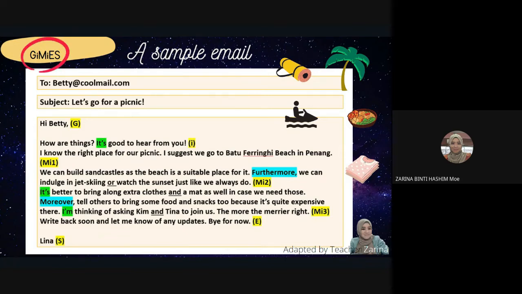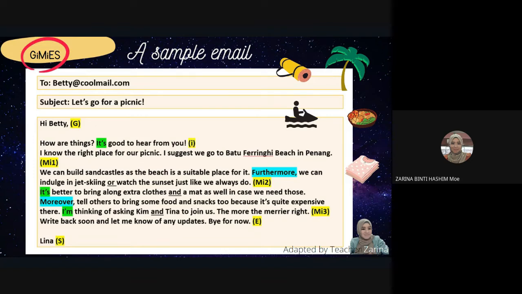When I say main idea 1, we are answering the first question, which is where shall we go? Let's look at how I write the sentence that states the place for a picnic. Try not to start giving the place right away.